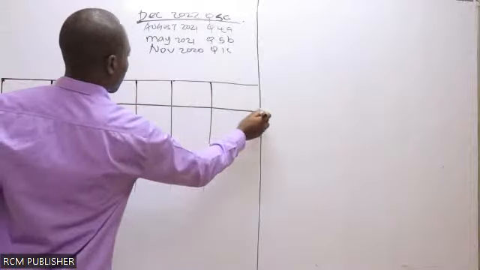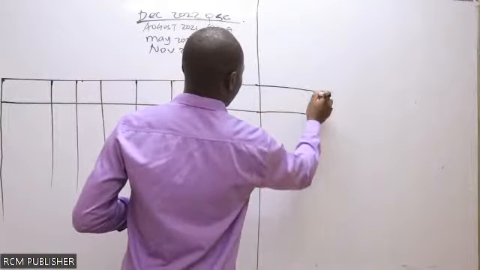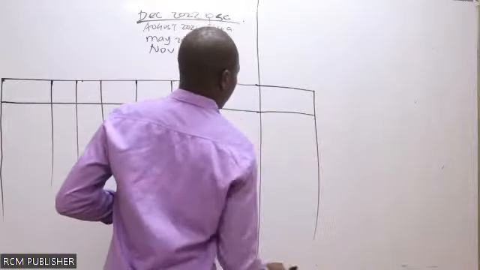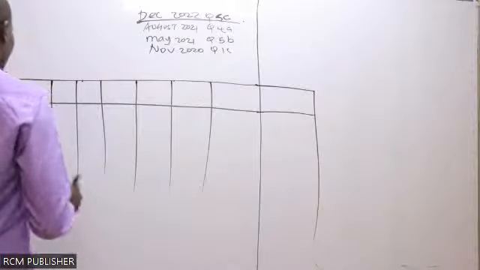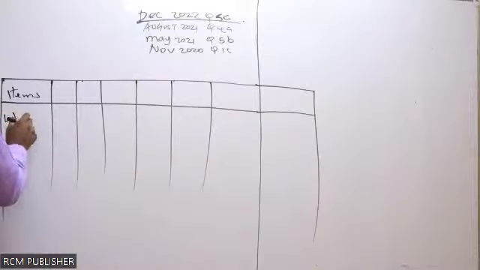Then, of course, I think it's going to extend to some point here. Let's try and see. So we need to have the items. So we have wheat flour. We have cereals. We have sugar.